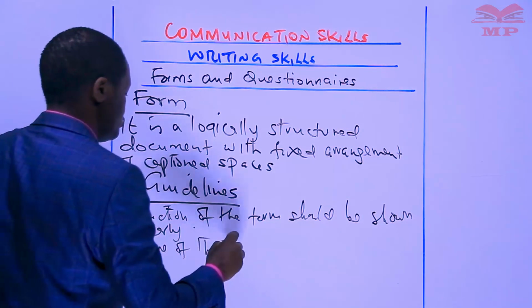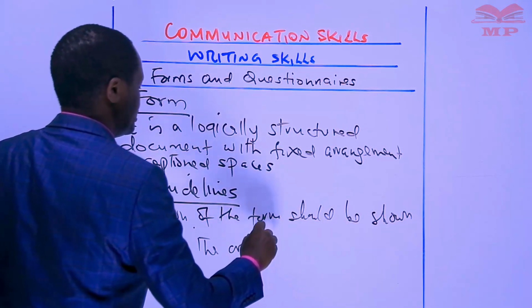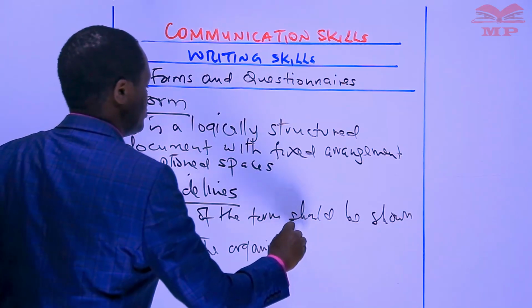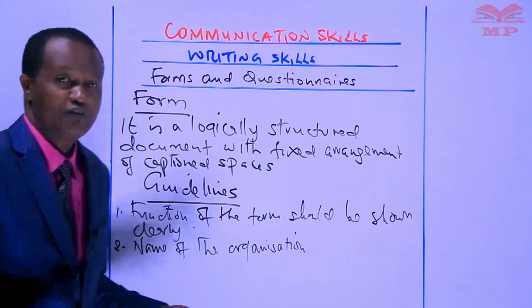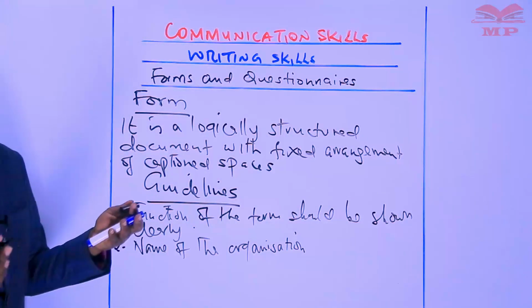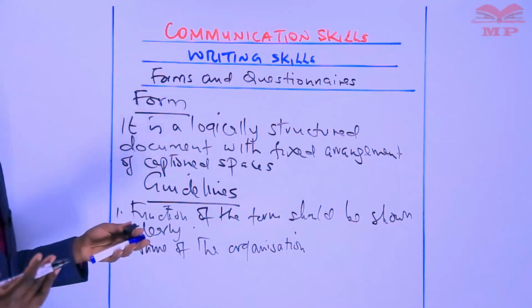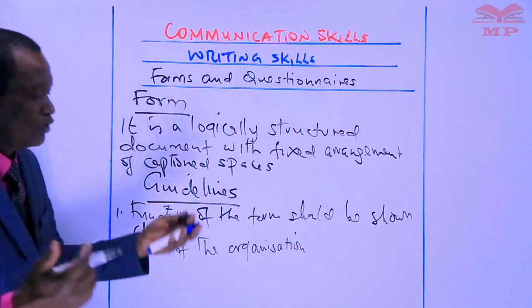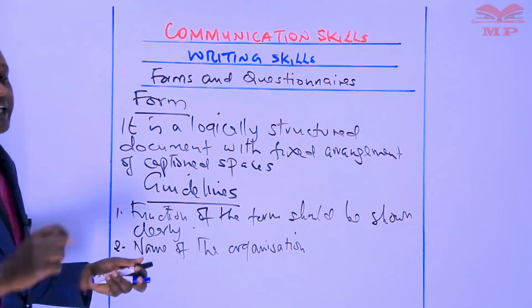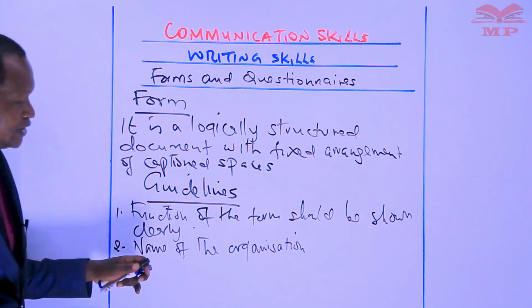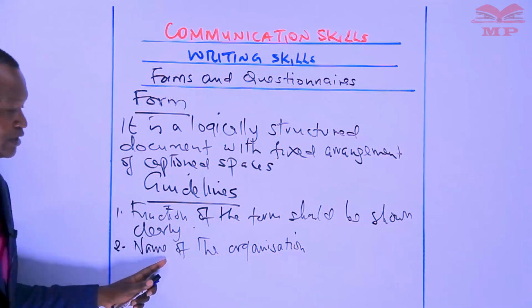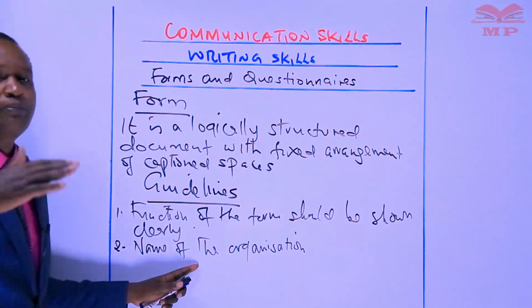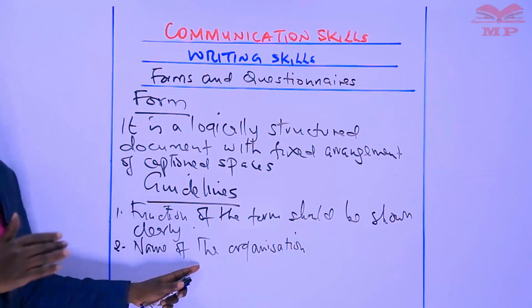The name of the organization that is issuing the form should be shown at the top. And we are talking about forms that are not internally used. If it is a form that is meant to be used externally, then the name of the organization should appear at the top.